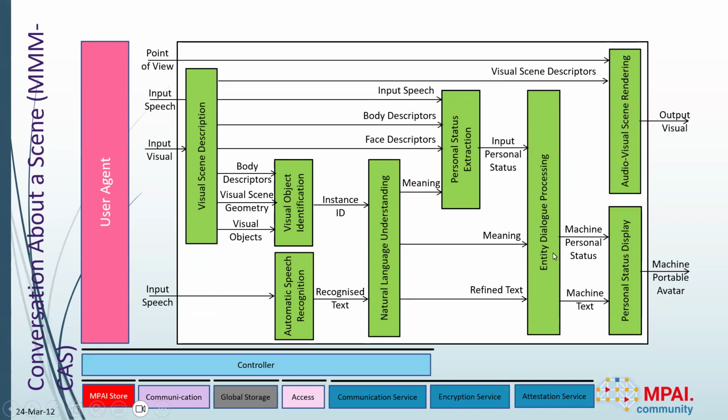The output is the text and also the personal status, because the machine, in response to what has been said and to what it has captured from the visual information, is able to adapt its own personal status.